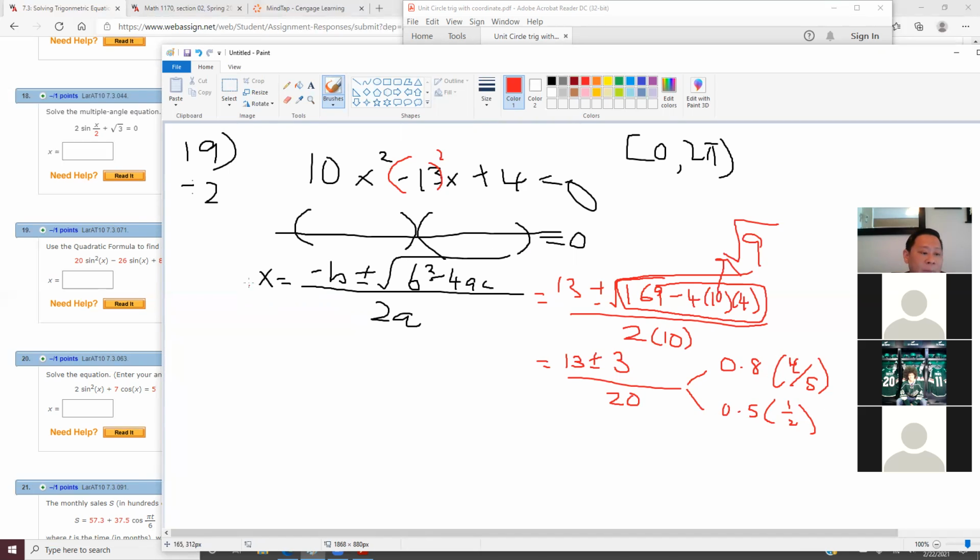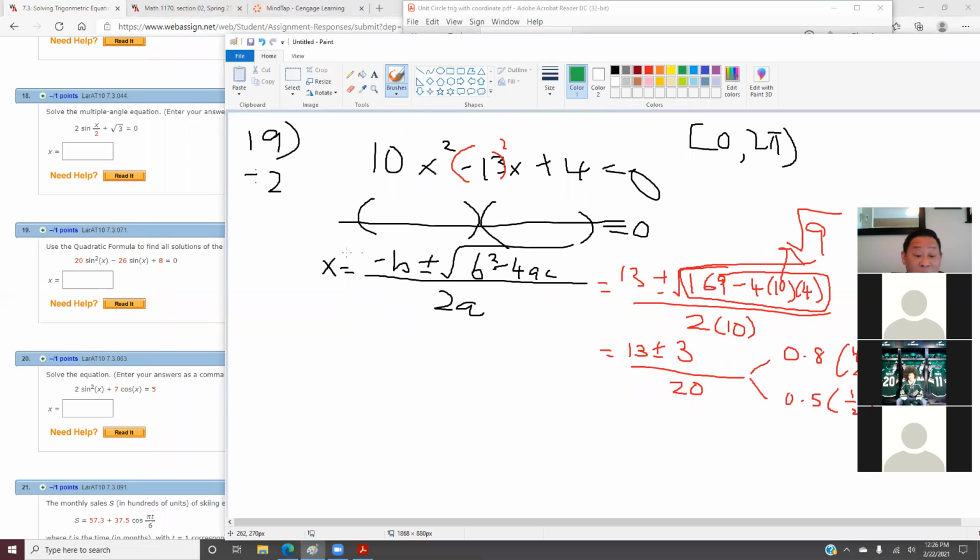And then what you do, like last time, remember, once you finish solving this, you need to return it back to your x. X in this case is sine, or cosine, or tangent. X in this case is sine. So this is sine x equals 0.8 or 4/5, and then sine x equals 1/2, 0.5, the same thing. Now this one, we can use the unit circle approach. You move the x over to become arcsine.